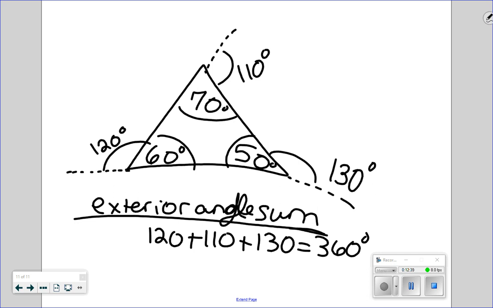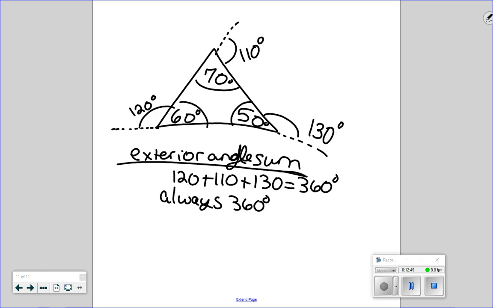And in fact, the exterior angle sum of any shape is always 360 degrees, no matter what shape. So all polygons have an exterior angle sum of 360 degrees.